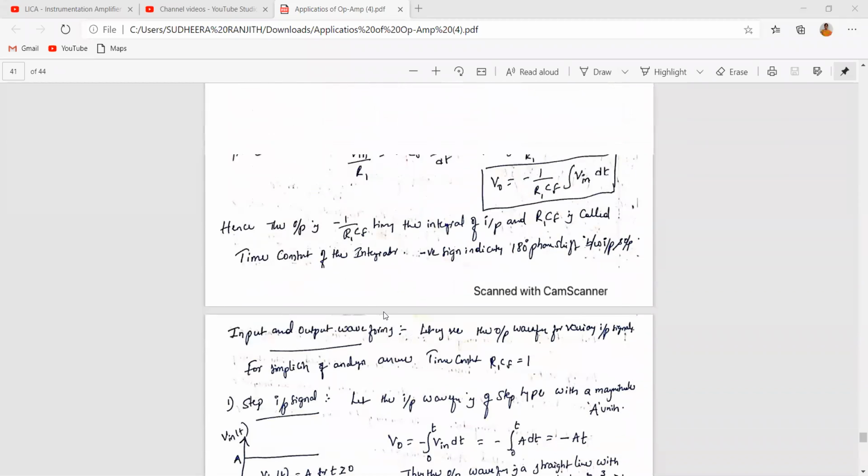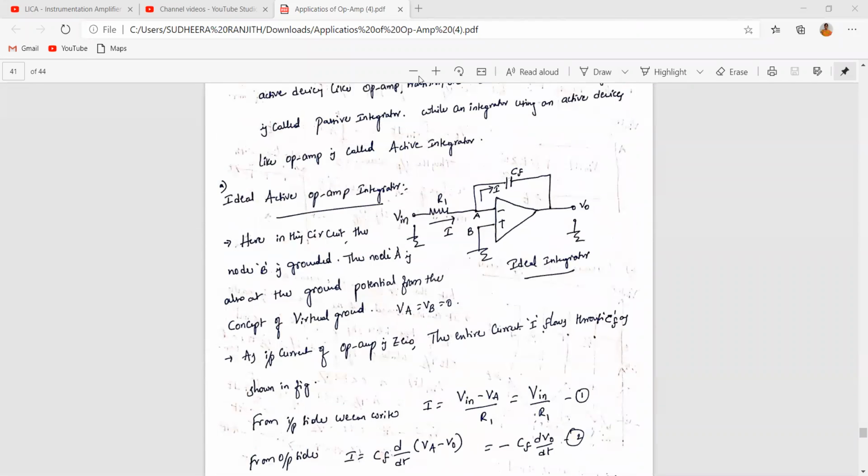Right, let us apply various types of input signals. Vin various apply chesi, first Vin different waveforms ki output waveforms ఎలా వస్తాయో we will observe. If we apply a step input, what is the integrator output?